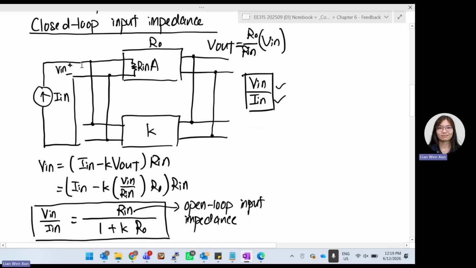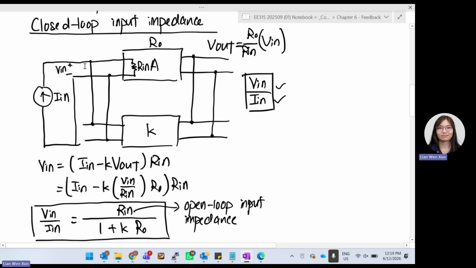V in is the only voltage that will go into the circuit, which is this part. Can we say this voltage is equal to whatever current flows into R in? The current that flows into R in is not just I in, because when I in goes in, it splits into two paths. So the current that flows into R in is I in minus K V out.